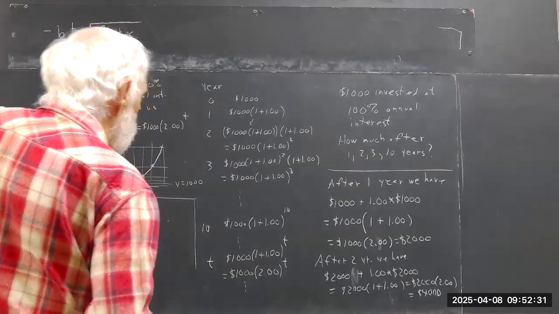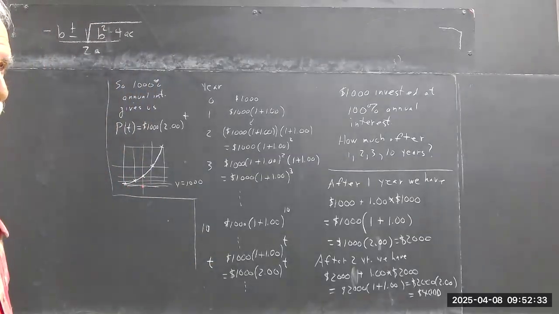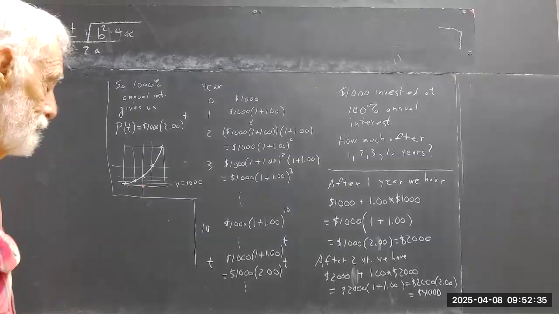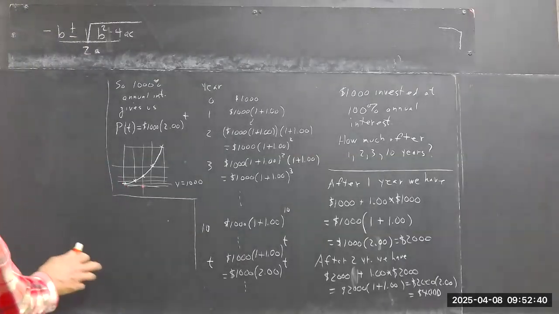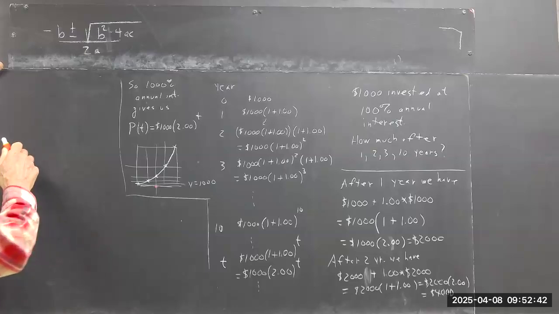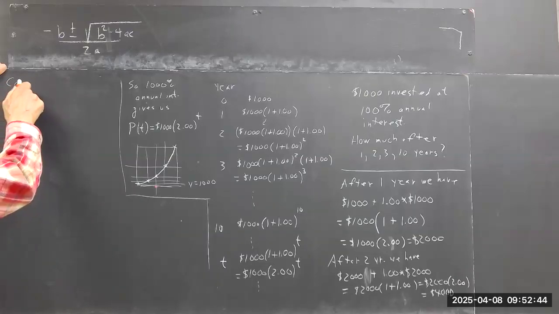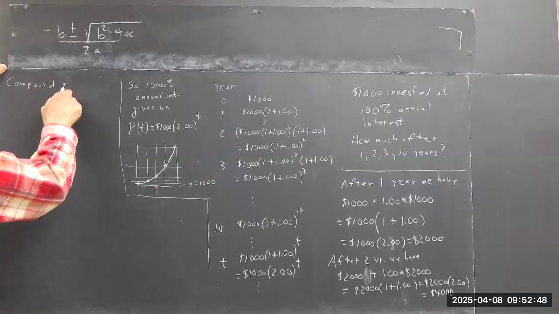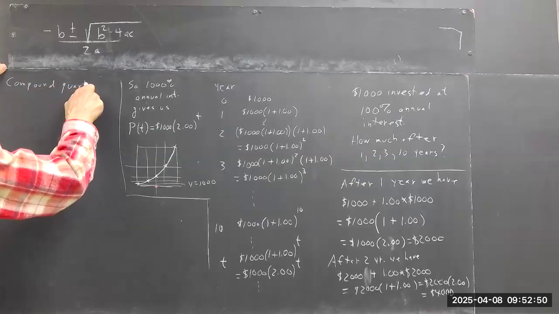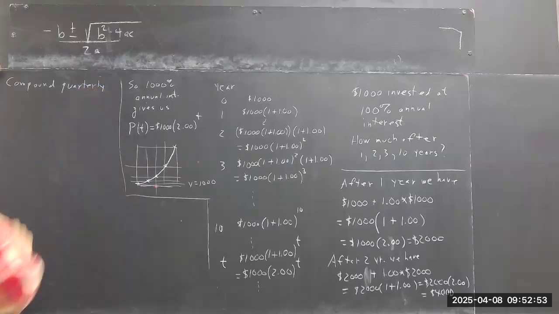Now, we're going to compound this $1,000 quarterly.